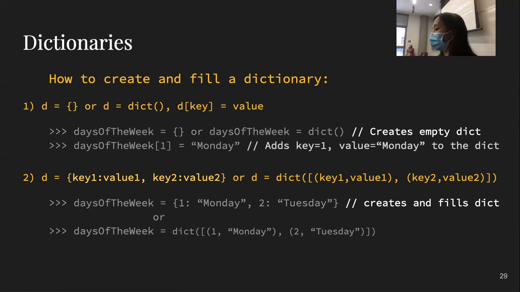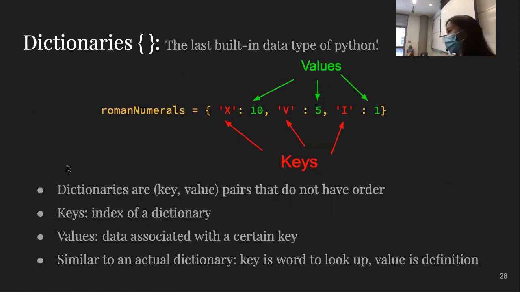So if you had a list, that would just be the square brackets. If you want to index anything in the list, you would have to do list, bracket 2, and that would be the position of it. But for a dictionary, like we saw in Roman numerals, you can make your keys not just integer numbers, so it makes more sense for some of your data.